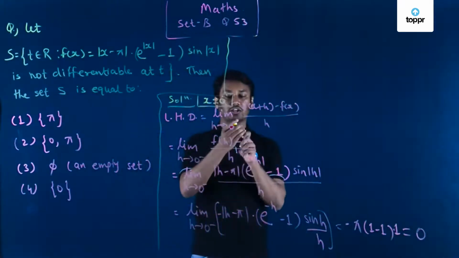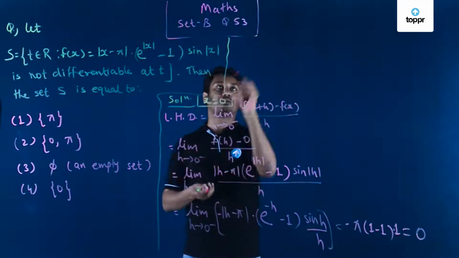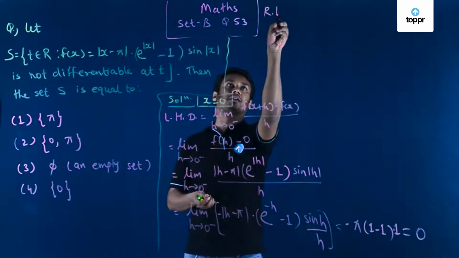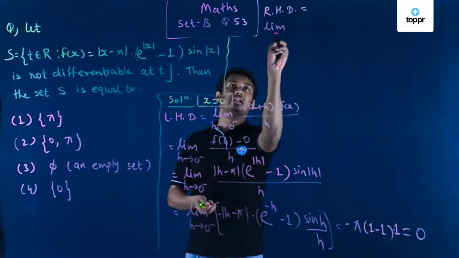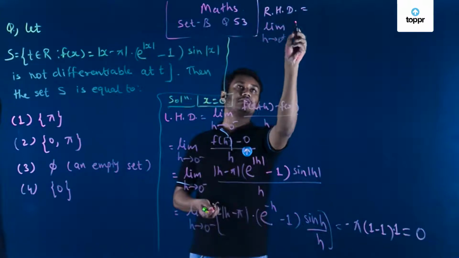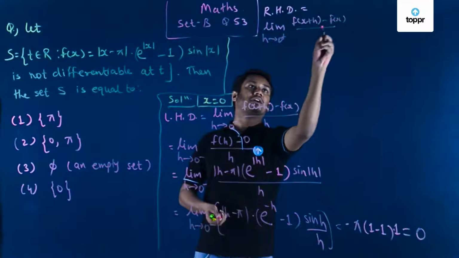Now let us talk about what happens when I consider, for the same point x equal to 0, the right hand side derivative. The right hand side derivative will be equal to limit h tends to 0 plus of f of x plus h minus f of x upon h.